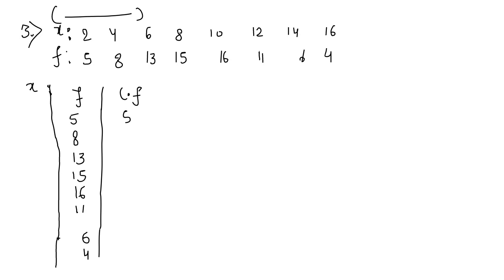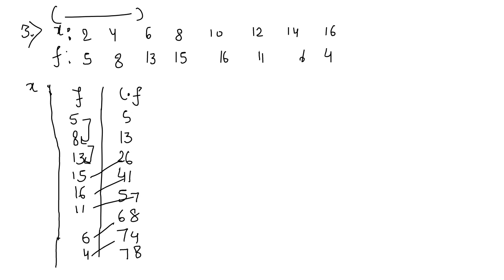First is 5, then 5 plus 8, 13, then 13 plus 13, the sum of the above three frequencies, it is 26. 26 plus 15, it is 41. 41 plus 16, 57. 57 plus 11, 68, plus 6, 74, plus 4, 78. So the last cumulative frequency is equal to the sum of all the frequencies.